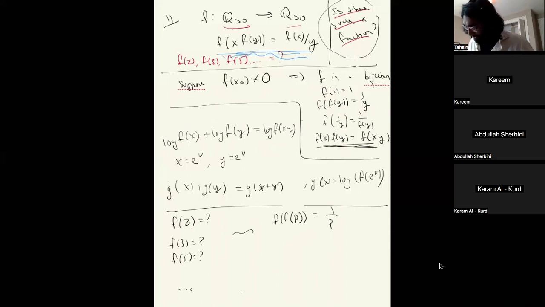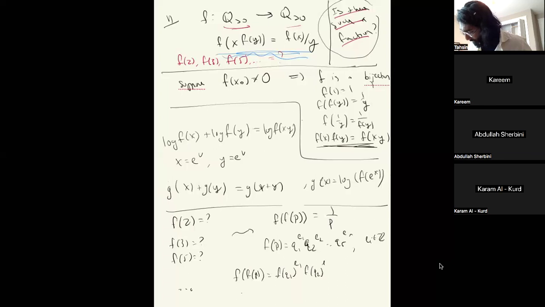What it tells us is, let's say f of p is something like q1 to the e1, q2 to the e2, qr to the er, right? So these are primes, and ei is an integer. Then f of p is equal to f of q1 to the e1, f of q2 to the e2, and then f of qr to the er, something like this, right?